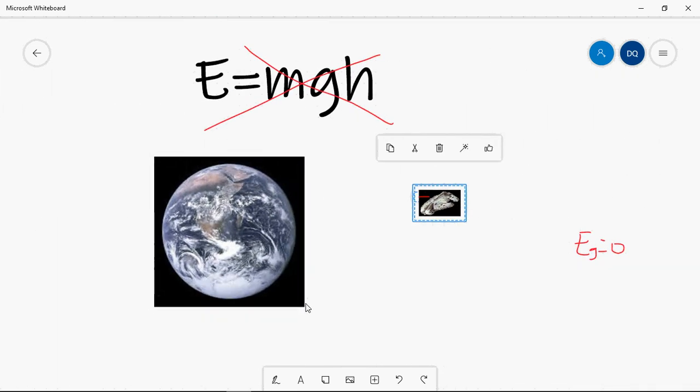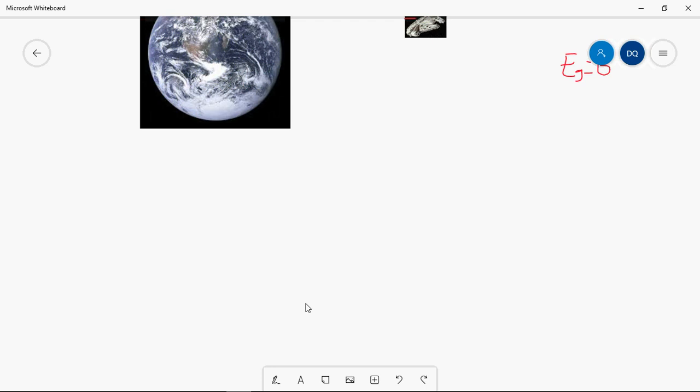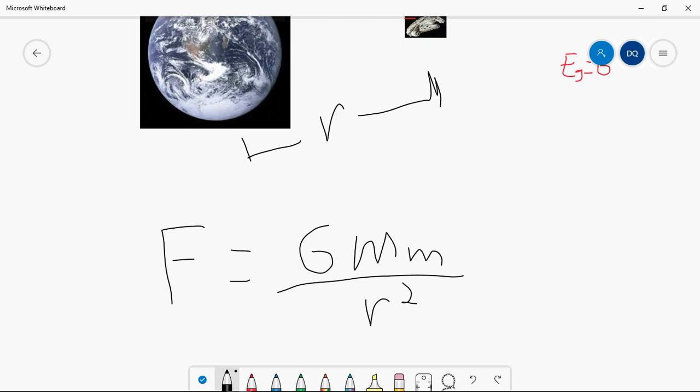The mathematics for dealing with this is based on the way we calculate the force due to gravity. Remember that the force due to gravity is G m over r squared, where r is the distance. So if r is the distance between our small mass and our large mass, G is Newton's universal gravitational constant, which is 6.67 times 10 to the negative 11.